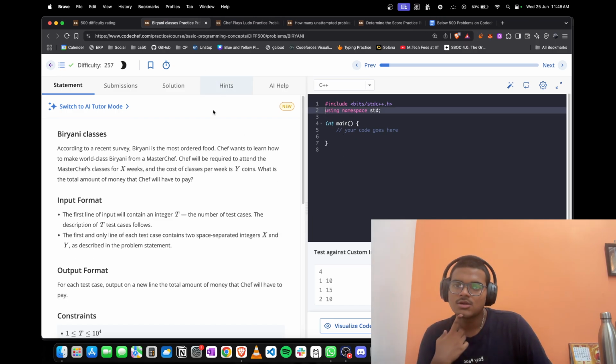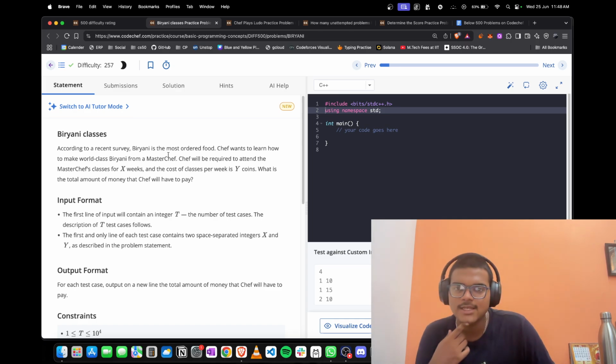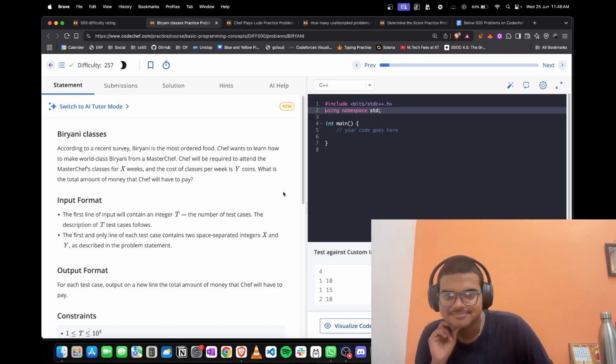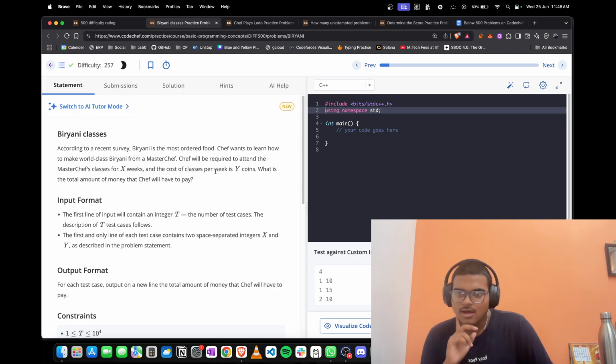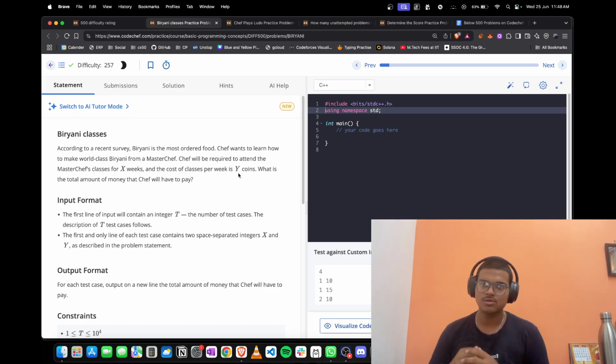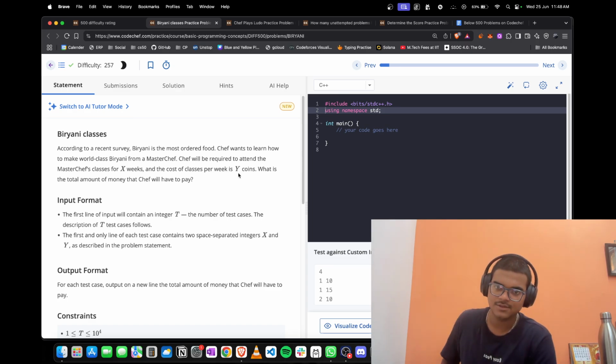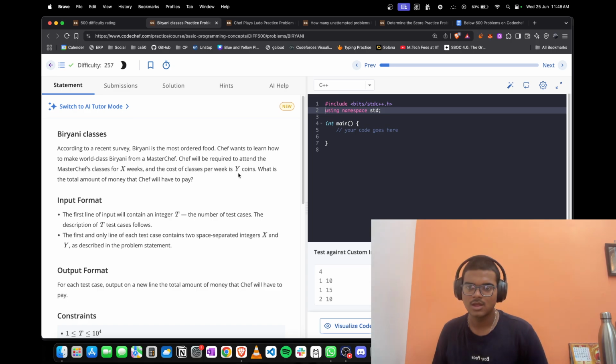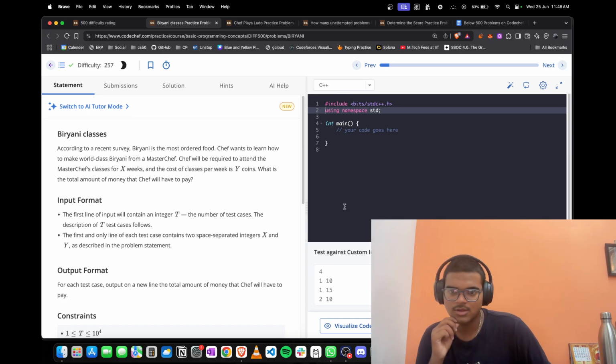Cool. Now next question, Biryani classes. Nice question, nice name. According to a recent survey, biryani is the most ordered food. Chef wants to learn how to make world-class biryani for MasterChef. Chef will be required to attend the MasterChef classes for X weeks, and the cost for the classes per week is Y coins.